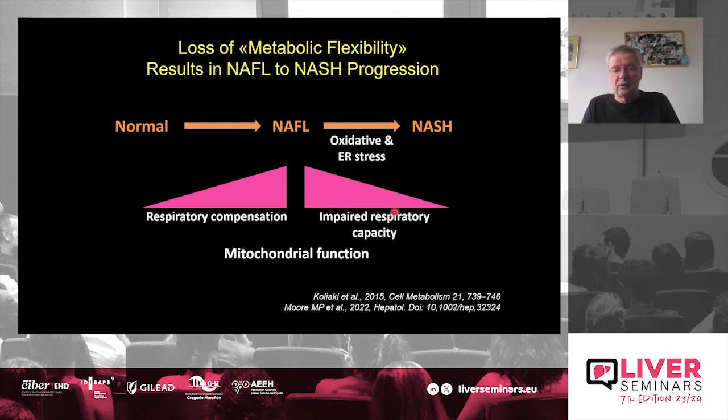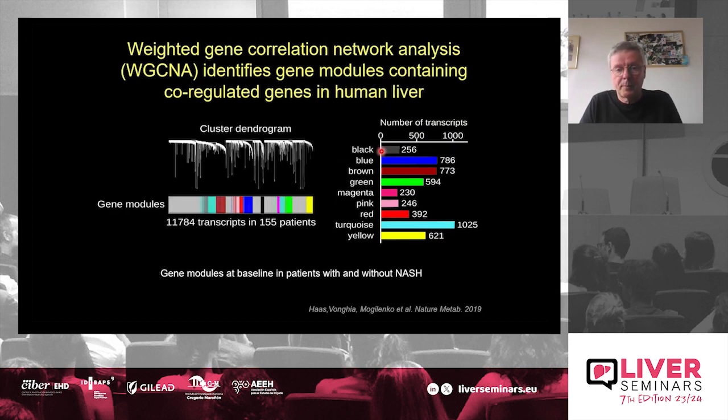And that is a hallmark of the metabolic alterations that lead to steatohepatitis, and also the inflammatory response that is observed in this stage. And I'll come back to these mechanisms at the end of my talk.